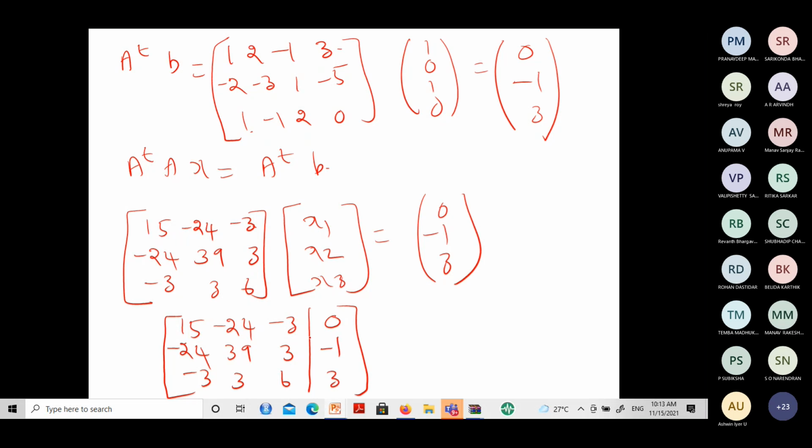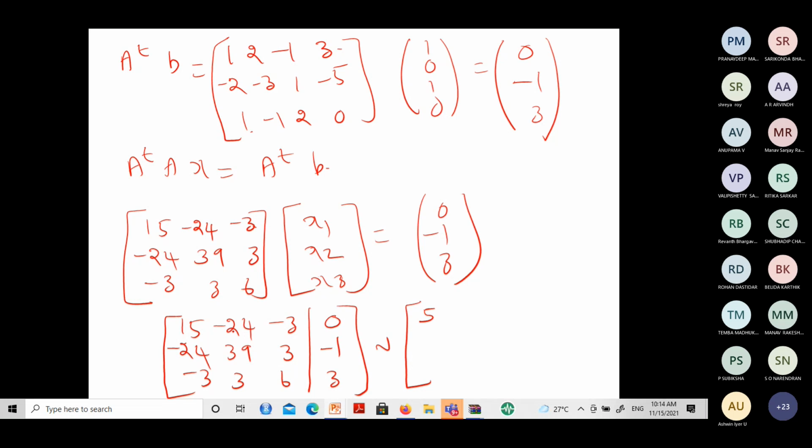Check my 15 minus 24 minus 3, minus 24 39 3. Okay. So shall we apply Gaussian elimination so that this becomes much simpler? Now we have taken the entire equation, right? Augmented matrix we have taken. So the equation is not going to get disturbed by doing any row operation. Shall we divide the entire first row by 3?